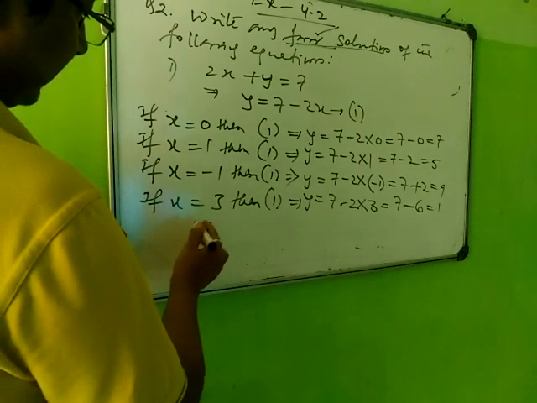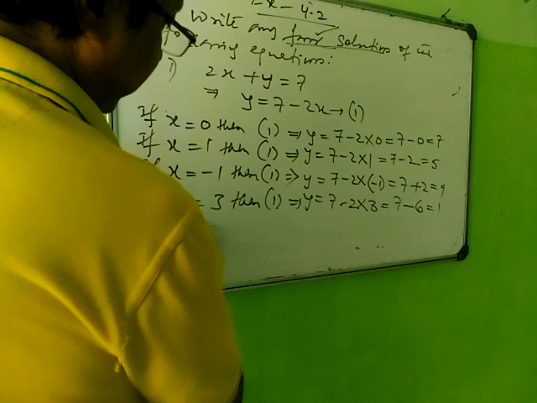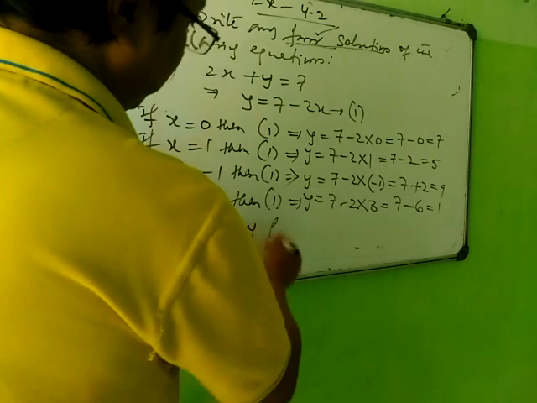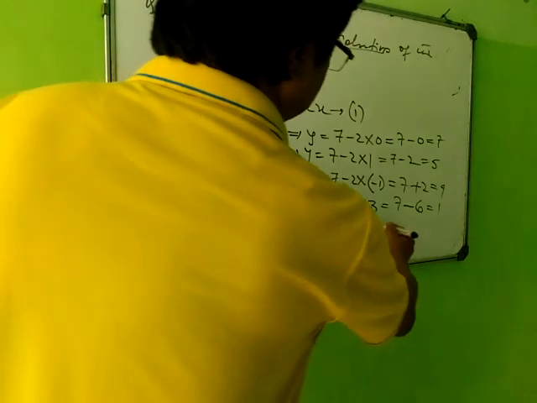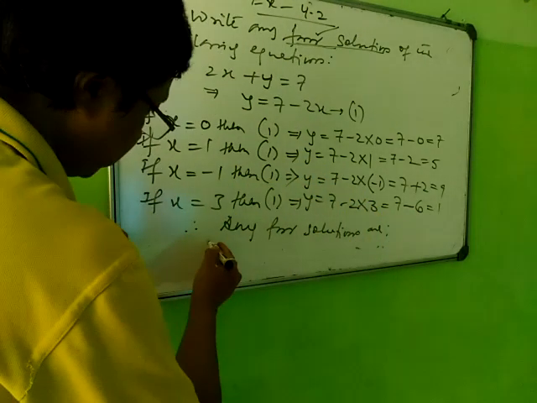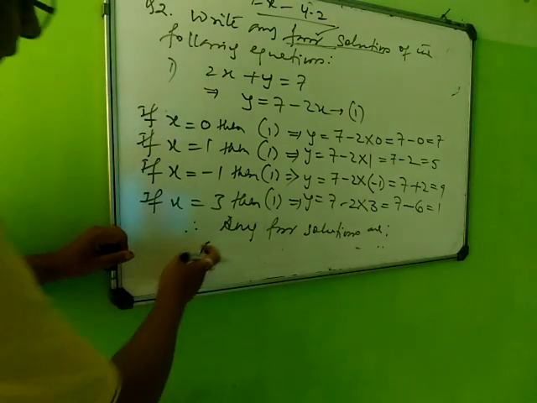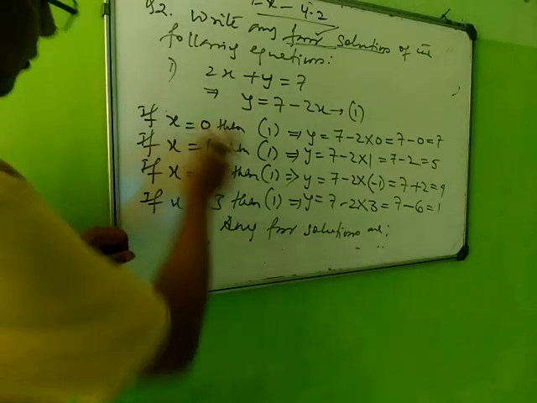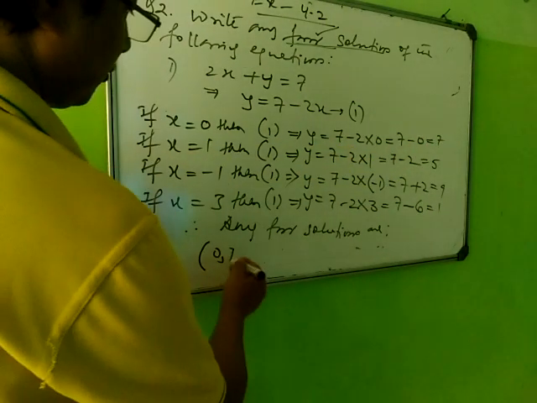So now the answer is required, any 4 solutions. So the solutions are, you are always going to use brackets. x is 0, y is 7, so 0 comma 7.